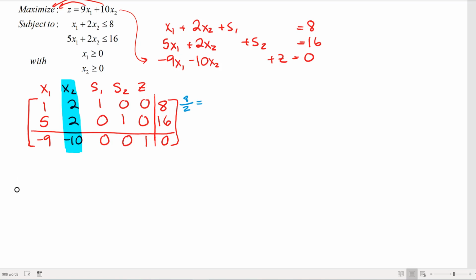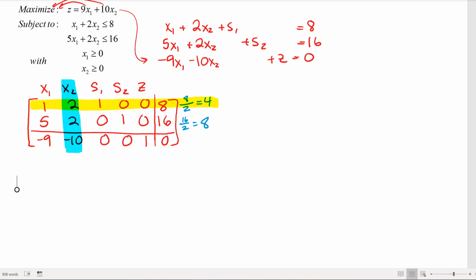So 8 divided by 2 is 4, 16 divided by 2 is 8. Between 8 and 4, 4 is my smallest. So we're looking for the largest indicator to pick the pivot column, but we're looking for the smallest positive quotient to be the pivot row.